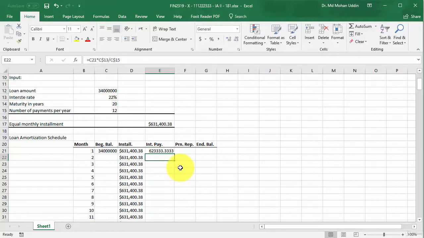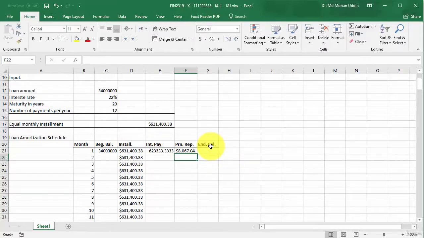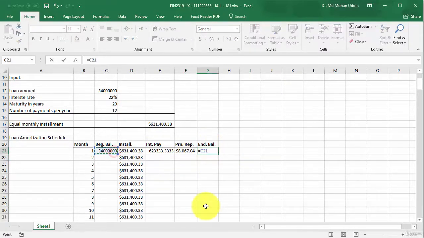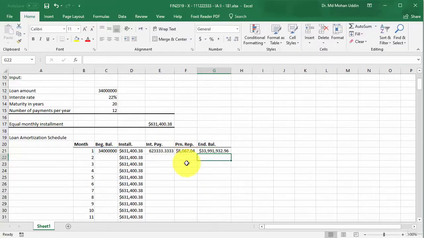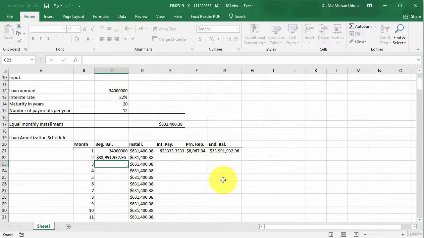Okay. Now the principal repayment is essentially equal to the installment minus the interest payment. The ending balance will be equal to the beginning balance minus the principal repayment. And the second month beginning balance will be equal to the first month ending balance.